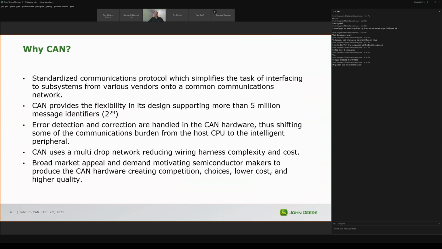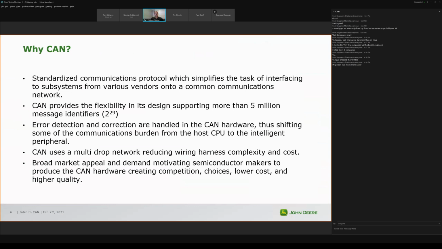Why did we choose CAN for our vehicles? It's primarily a standardized communication protocol. A lot of things have been standardized, which makes it easier for vendors and the market to support all OEMs with semiconductors, and all we have to do is adapt those, design around it, and write our software around it.